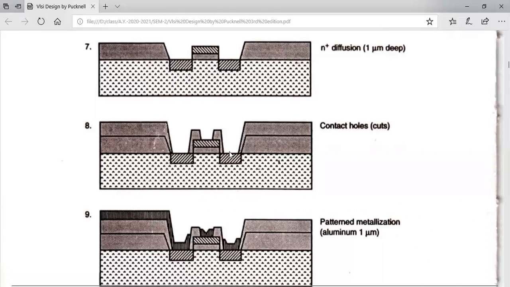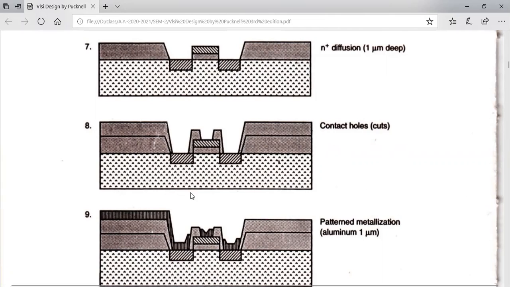This will be done once again with the help of photoresist or some other cleaning etching process. A hole is formed over the source, the drain, and the gate, which we call contact holes, or contact cuts.